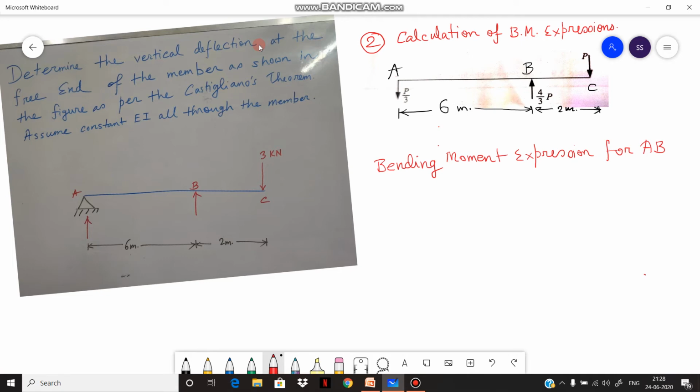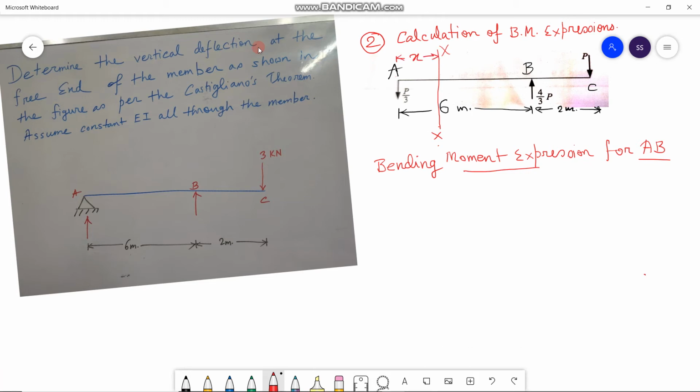To calculate the bending moment expression for the portion AB, let us put a section XX at a distance small x from the left hand support, that is from point A. So the bending moment with respect to section XX, we have Mx equals minus P by 3 into x, as the distance between the section XX and the reaction force P by 3 is x.